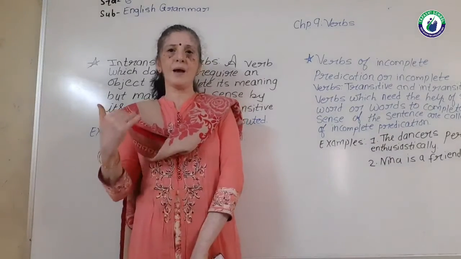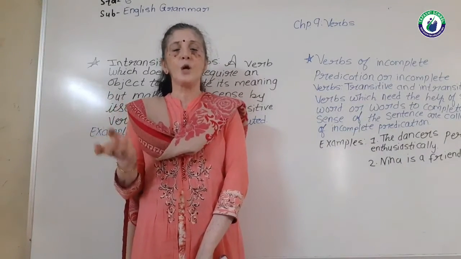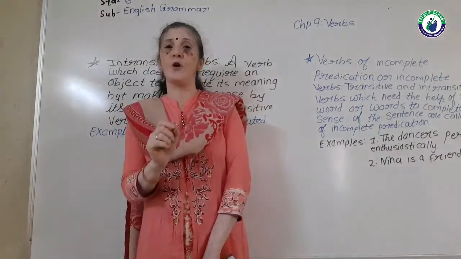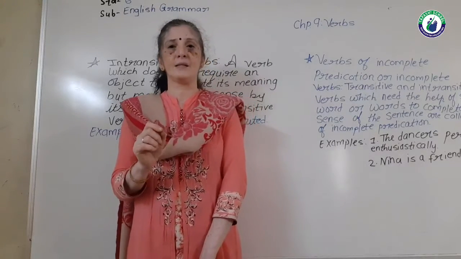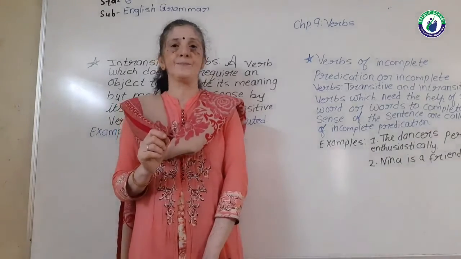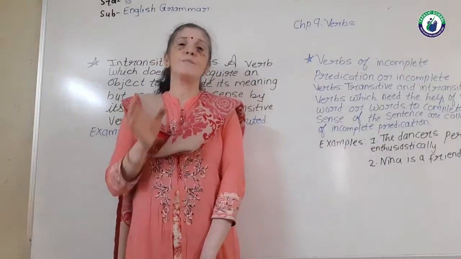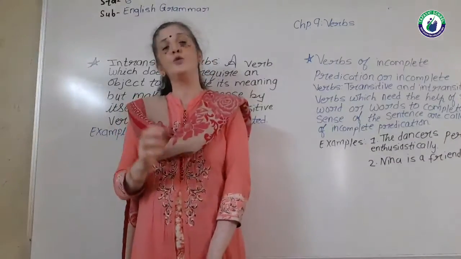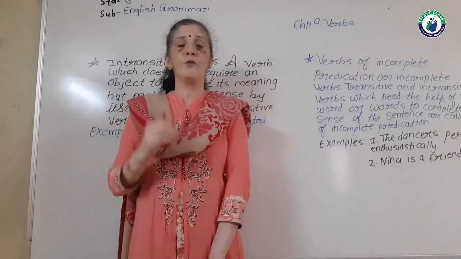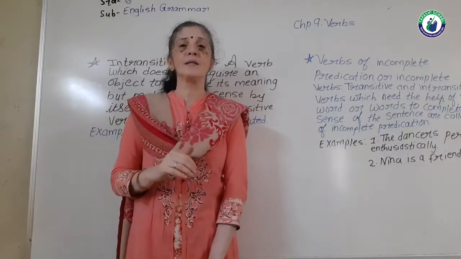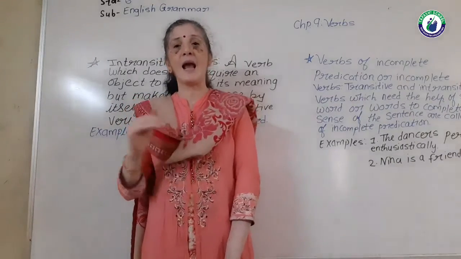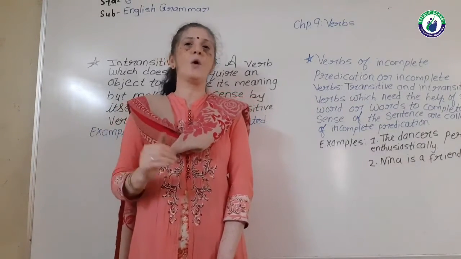Right now, in the past or in the future? Don't know. So we have to add be forms with the main verb to understand the tenses, right? So sometimes be form, have form and do form work as a main verb, and sometimes they come with the main verb. When they come with the main verb, they are called helping verbs.